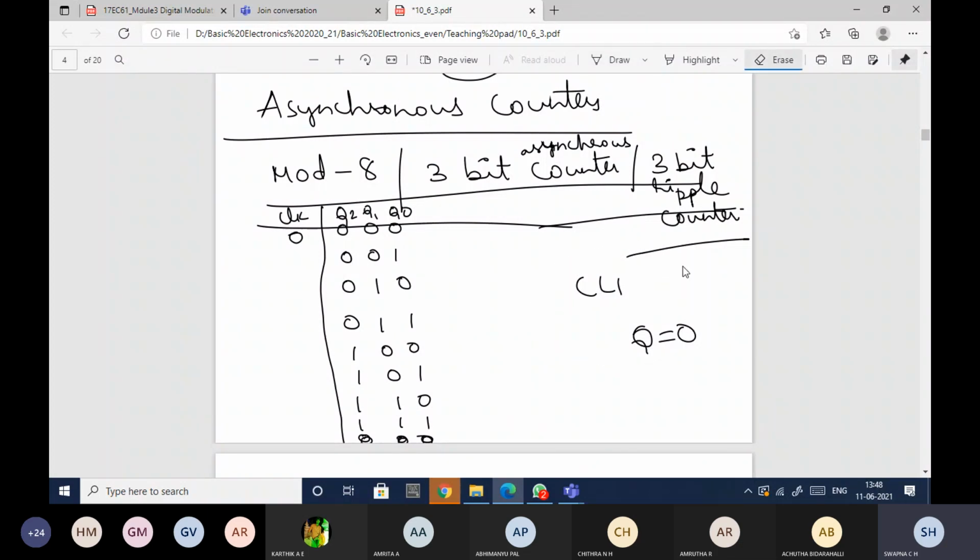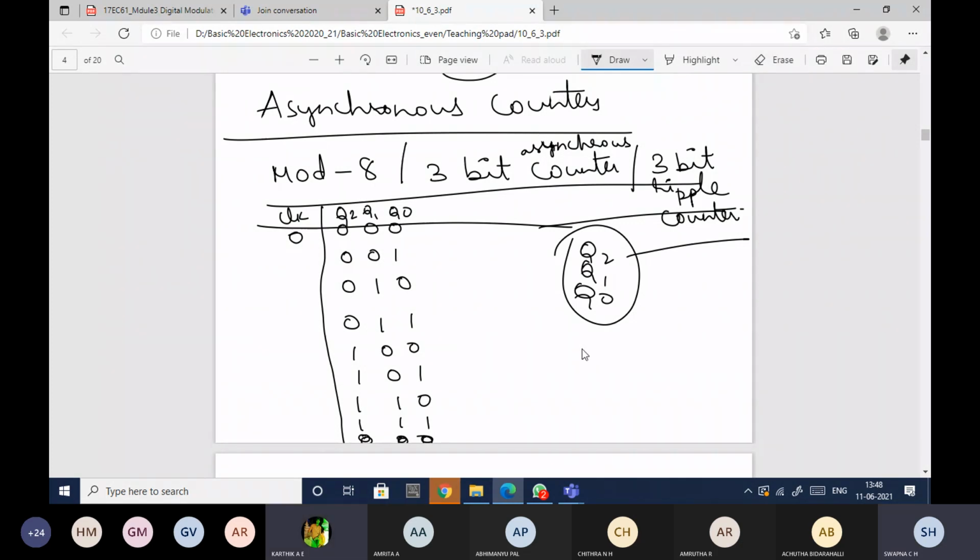Now, my question here is just observe the states. These are nothing but the outputs of the flip-flops, Q0, Q1 and Q2. Do you accept this? Yes or no?